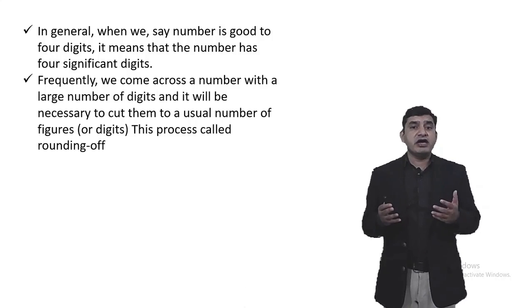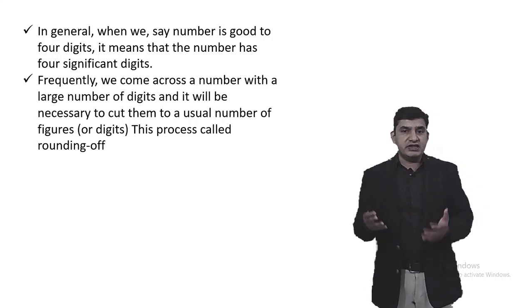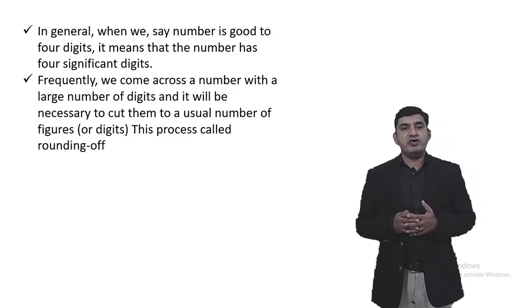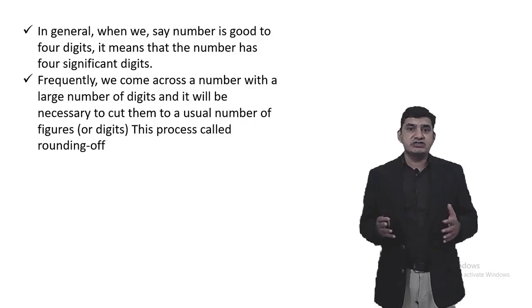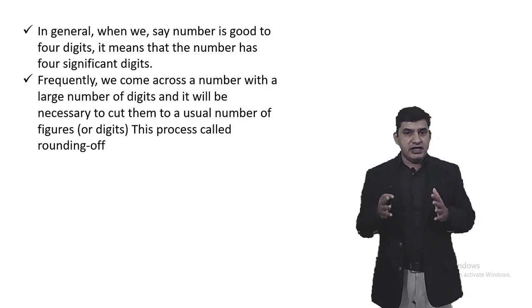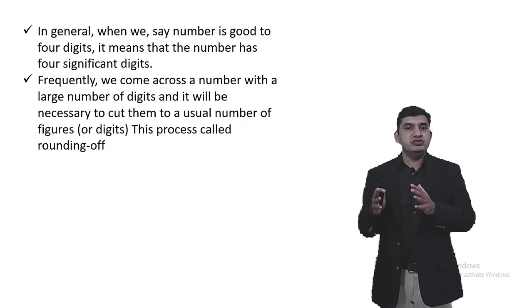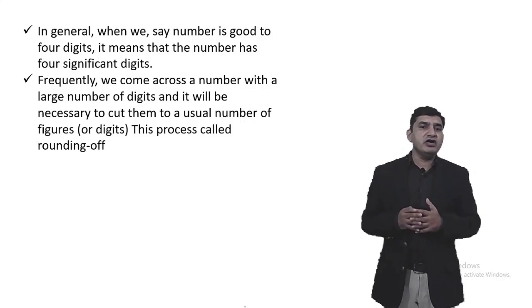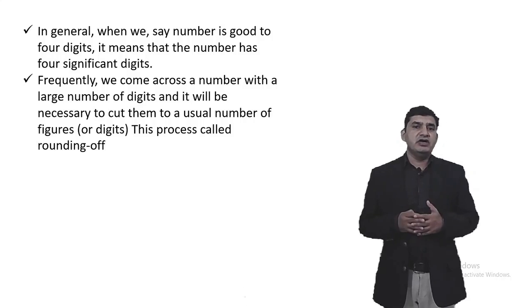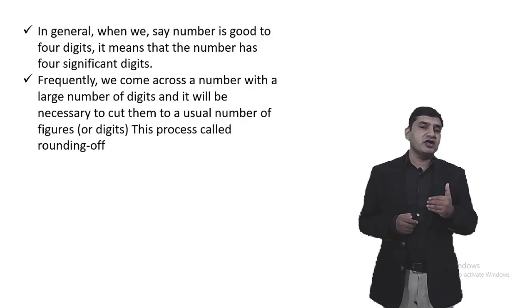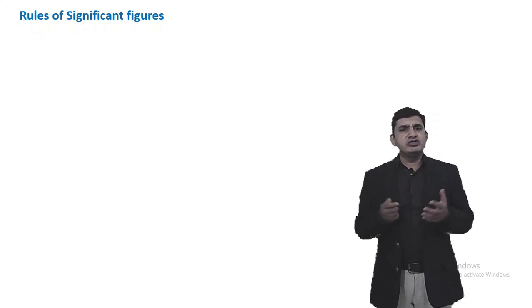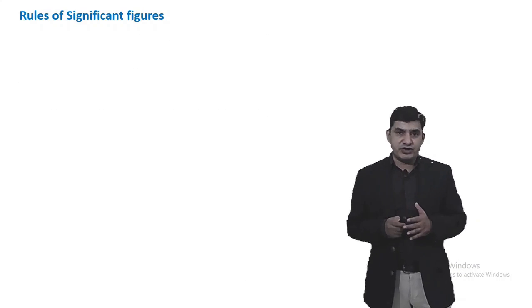Frequently, we come across numbers with a large number of digits and it will be useful to cut them to a useful number of figures or digits. This process is rounding off.